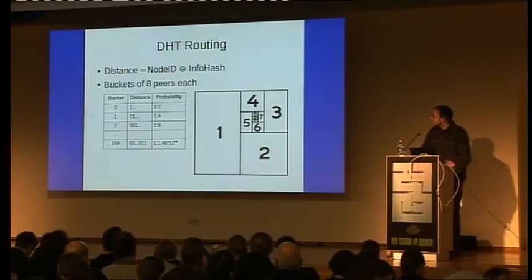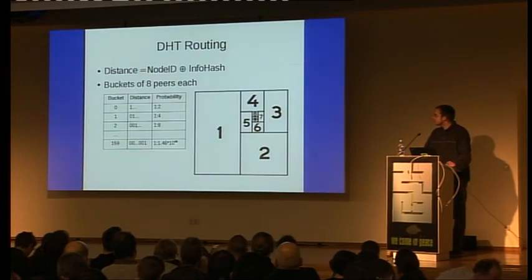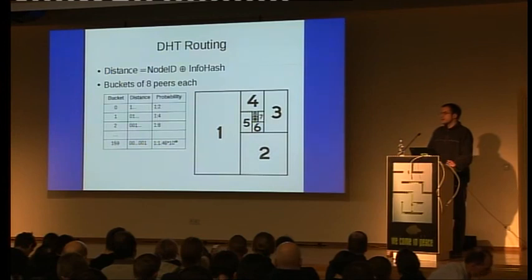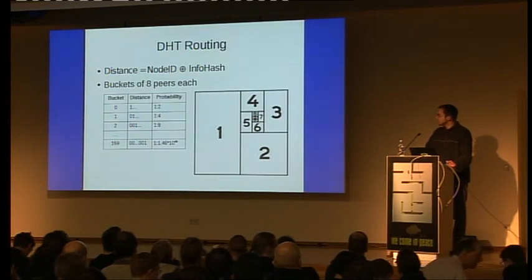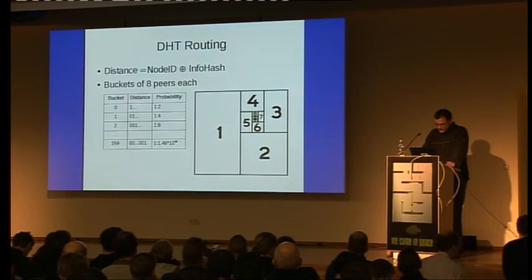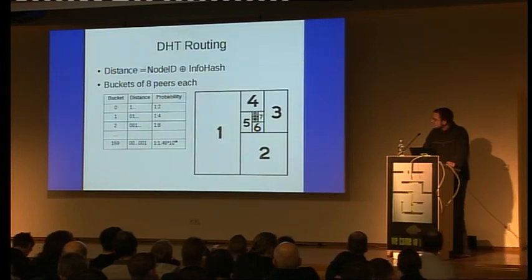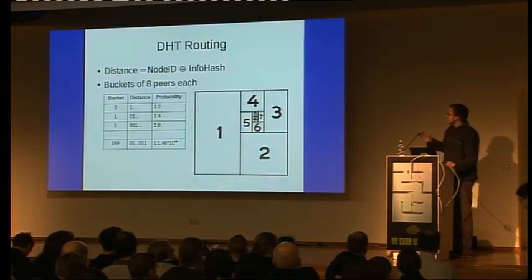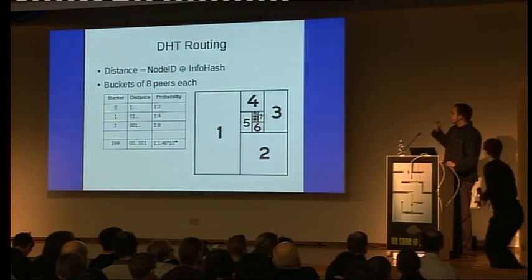This is a tad simplified, but in general it works like this. And all the node IDs that one node deals with are relative to the own node ID, because we do this over distance.